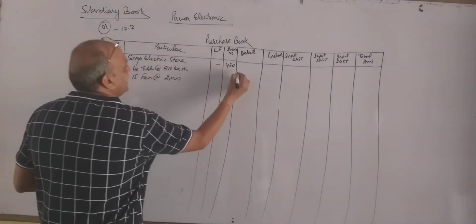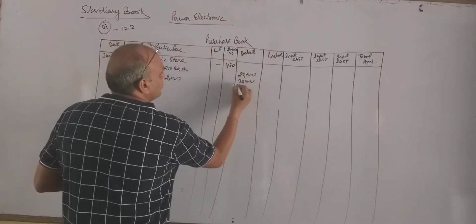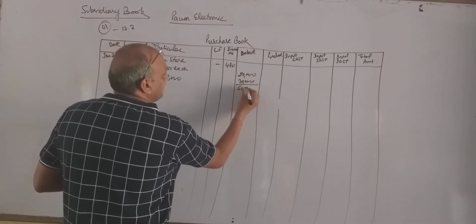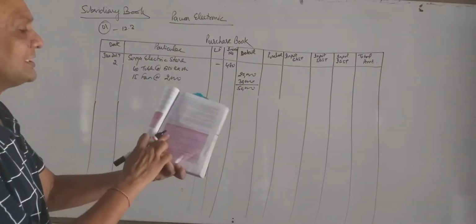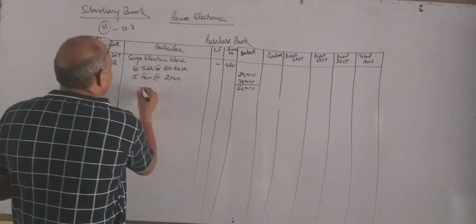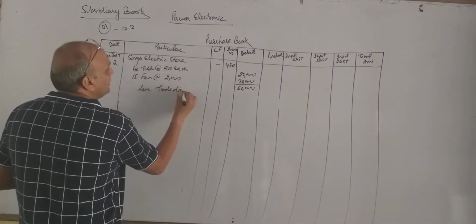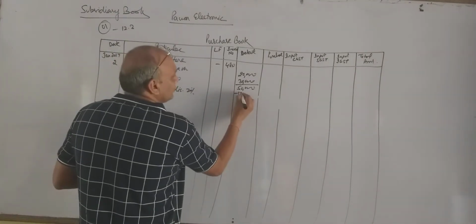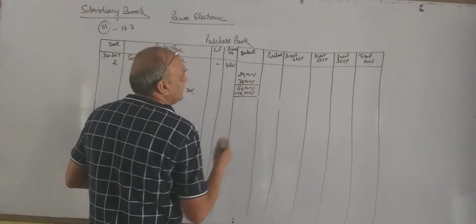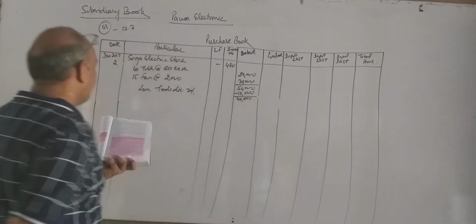So it becomes 20,000 rupees and 30,000 rupees. Total is 50,000. Then it is given less trade discount 20%. So let us deduct less trade discount 20%. 20% becomes 10,000. So remaining net purchase is 40,000.